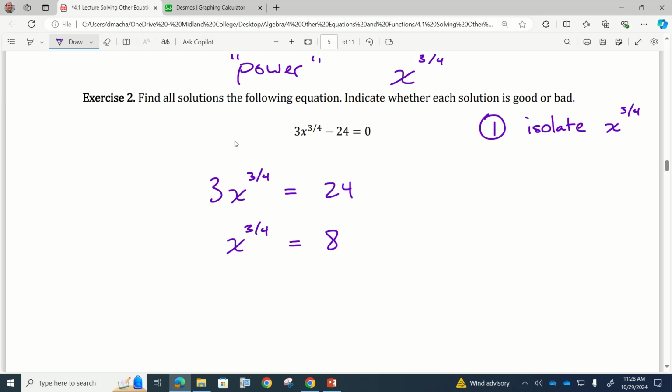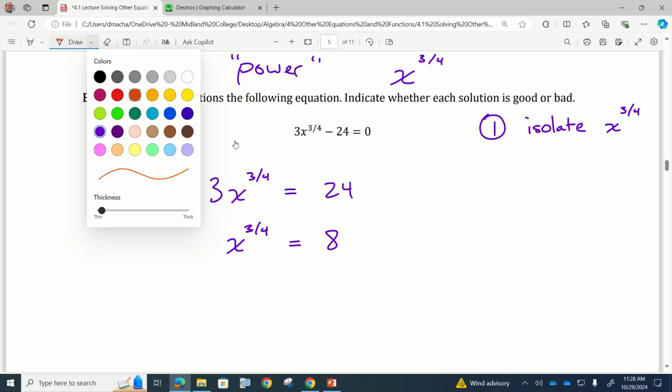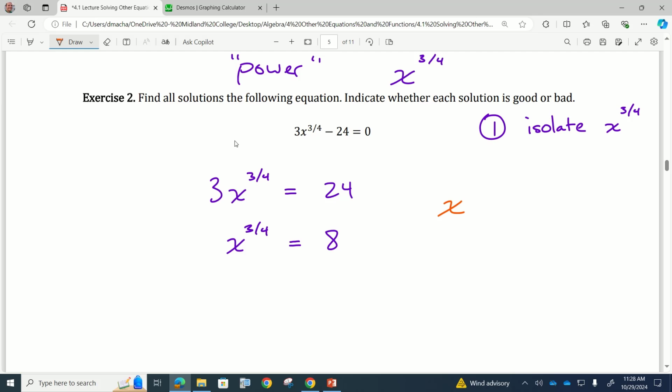And now, it's really important that you remember something we did early on in the semester. It was the third day of class. If you want to look in your section 1.3 notes, this is where it would be. The important thing to remember is that if you have a fraction in your exponent, the numerator of that fraction behaves like any other exponent, but the denominator of that fraction tells you what root to take.